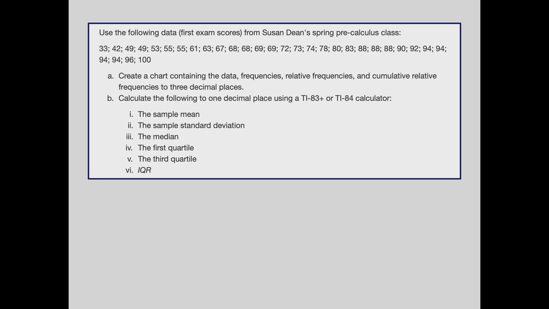As far as creating the chart goes, you have to do that regardless because that's what it's asking you to do. I'm not going to show you what that chart looks like, but we've done a number of them and will continue to do more as time goes on. So let's start putting those values in the calculator, or do it from the chart and calculate it on your own. Go ahead, do that with some stop and start, and I will show you the correct answers.